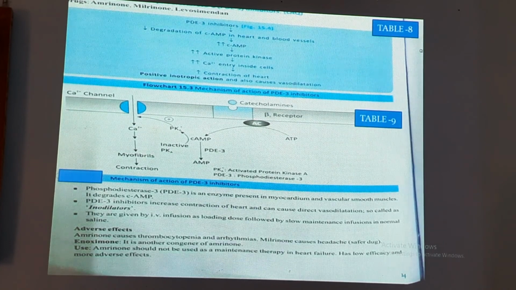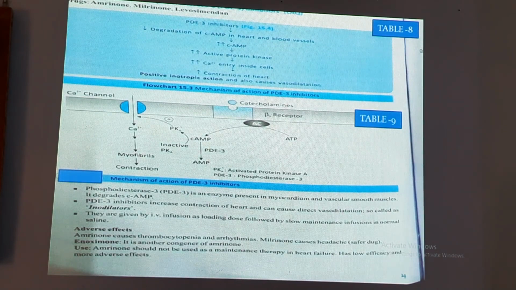In the same mechanism of PDE3 inhibitors, calcium ion entry through the L-type calcium channel has been shown on the left side in the lower diagram, and again increase in the cytoplasmic calcium ultimately leads to increased myocardial contraction.